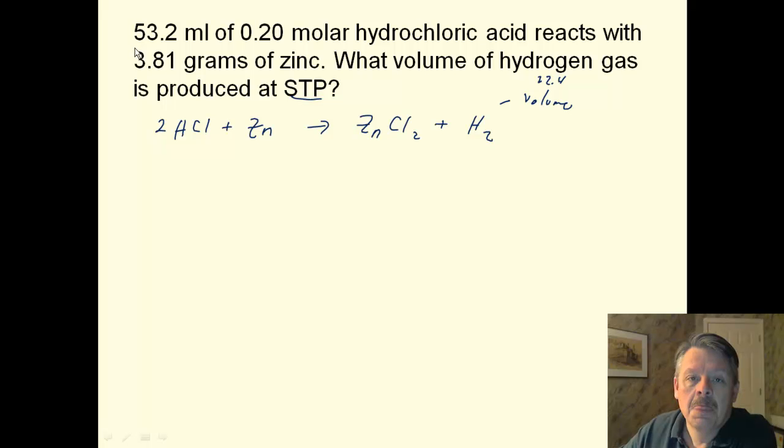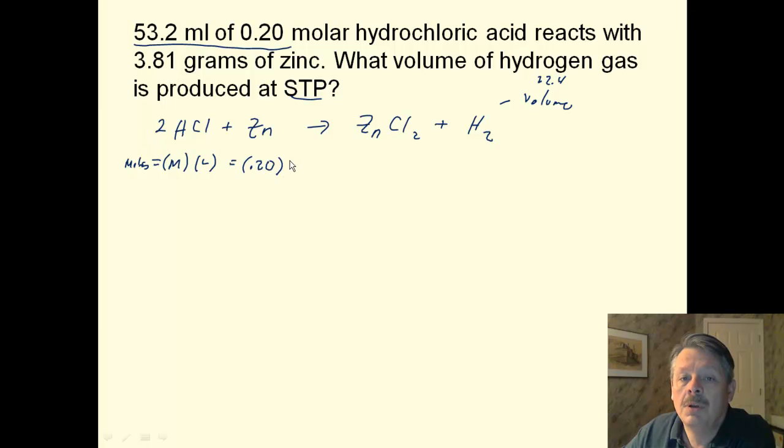All right, well, let's see. We learned how to do this earlier, that our moles is equal to our molarity times our liters. So that's going to be 0.20 molar, times liters, which is 0.0532 liters. So my moles of hydrochloric acid, when I do that, are going to be 0.01064 moles of HCl.